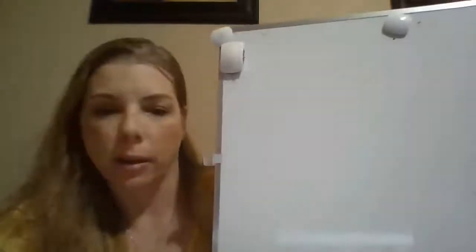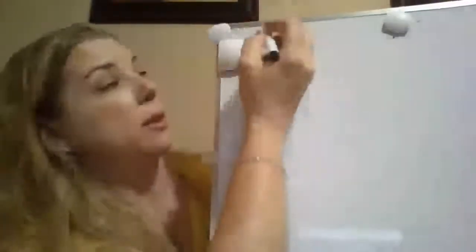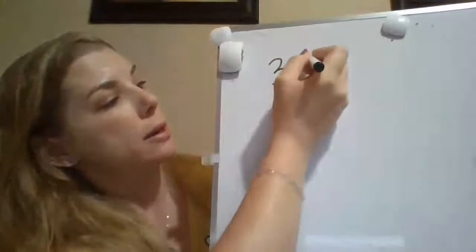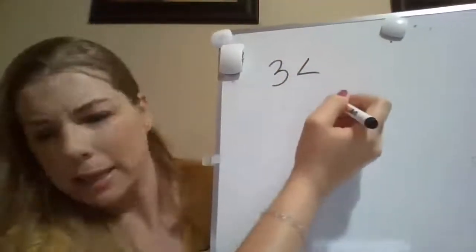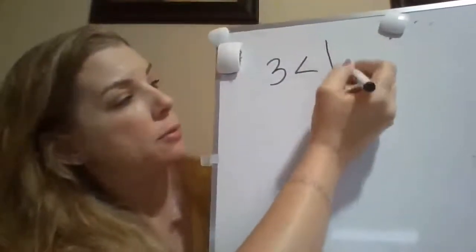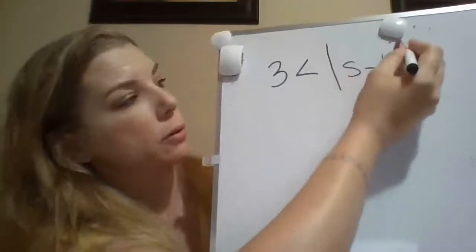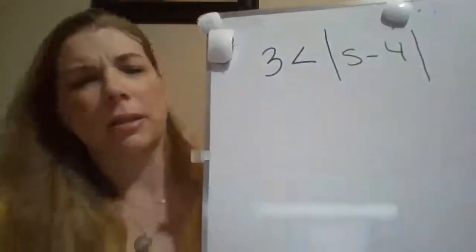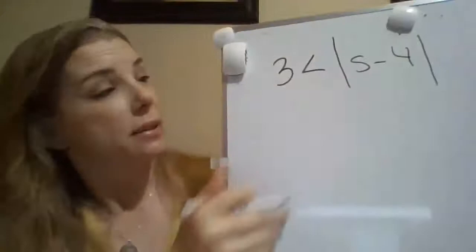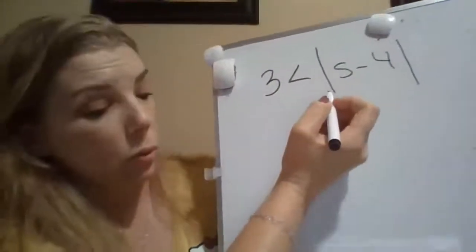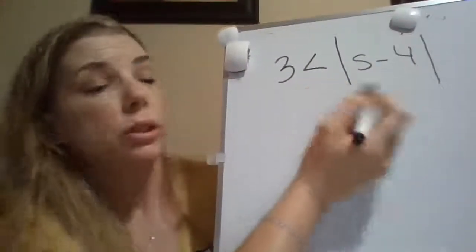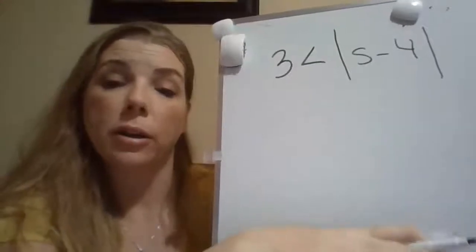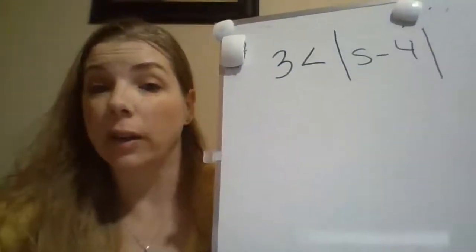It's going to get much harder than that. They're going to give you problems that look like this: 3 is less than the absolute value of s minus 4. What you need to do is separate this, because remember, on a number line, you have a positive side and you have a negative side.